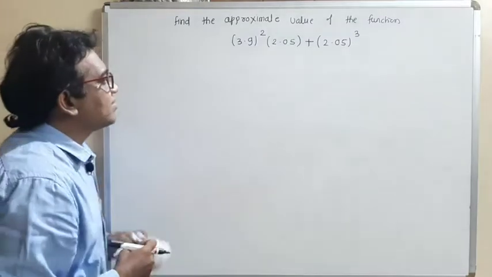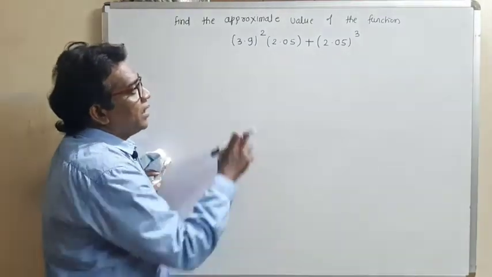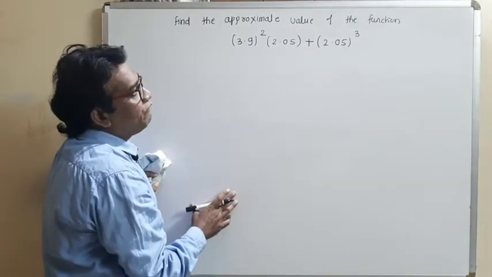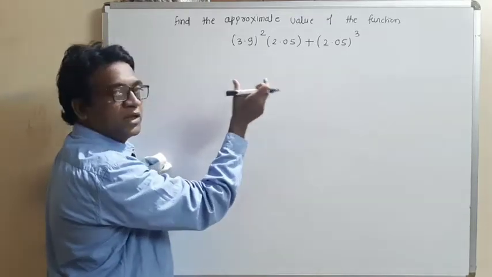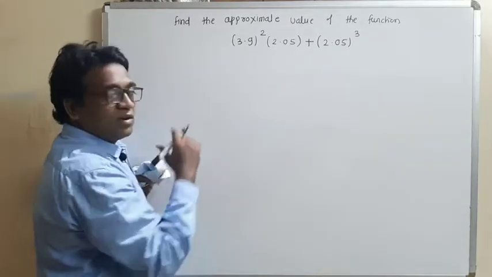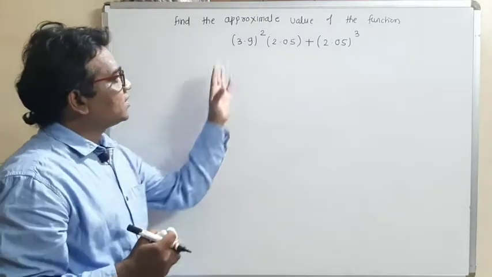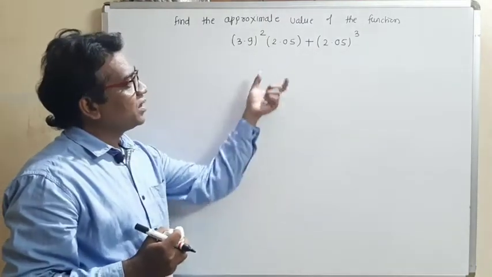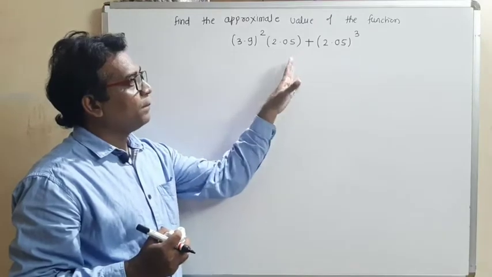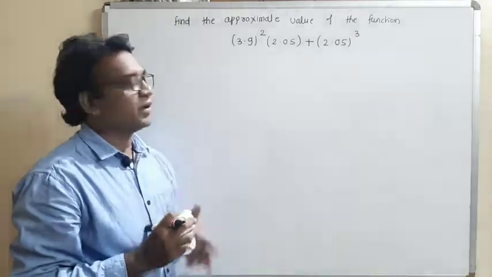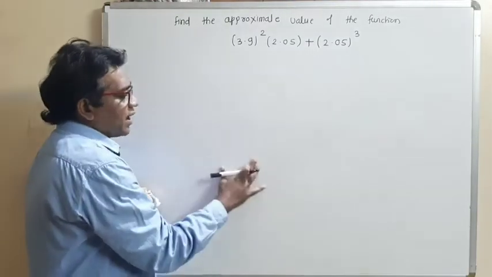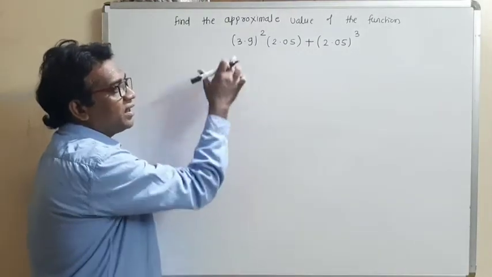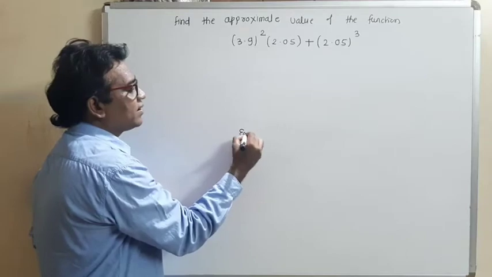Now see, what is this example? In this example, we want to find out the approximate value of this given function, 3.9 bracket square into 2.05 plus 2.05 bracket cube. By using a calculator, we can easily find out the exact value.